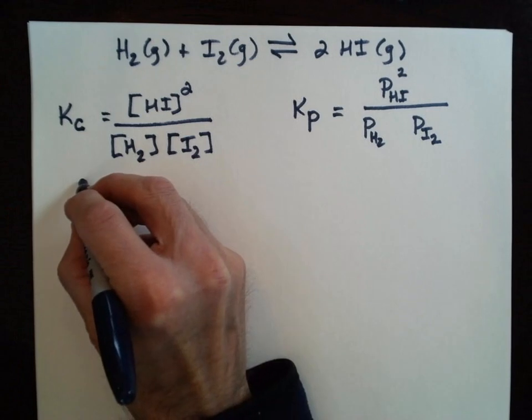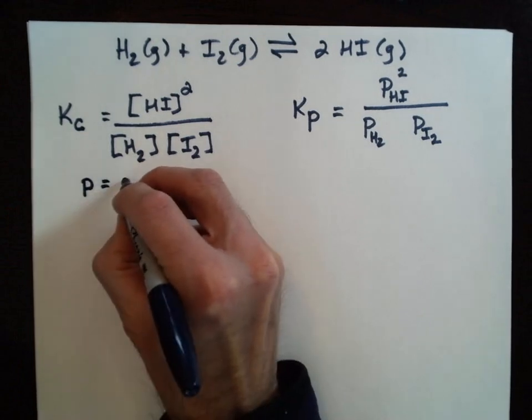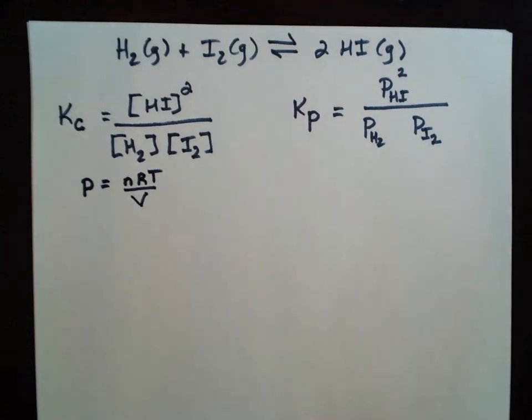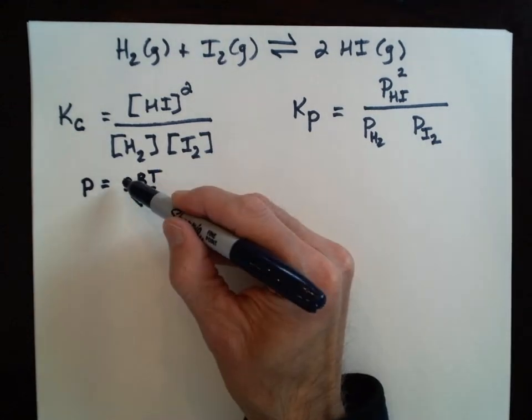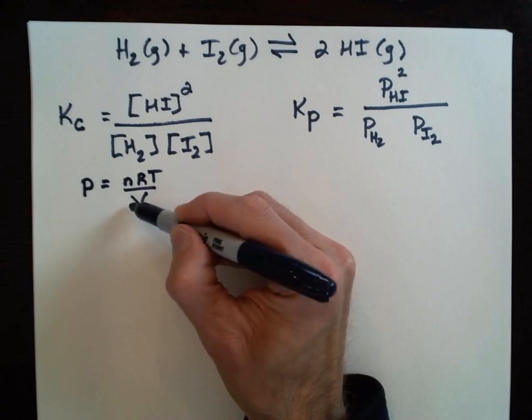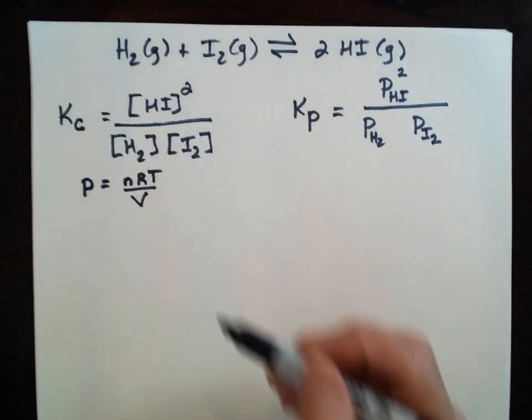If we use the ideal gas law, we know that pressure is nRT over V. Well, n over V, that's moles per liter, which is concentration and molarity, which is what we use in these expressions.